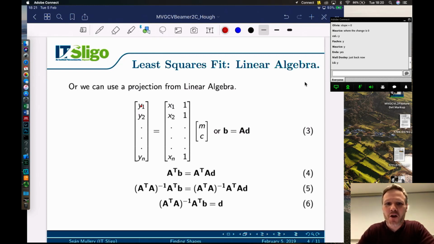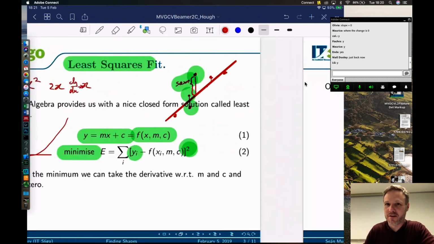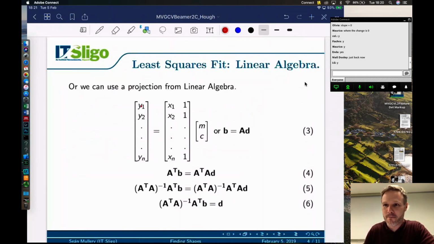Okay, so I think we just got onto this slide here, the least squares fit, linear algebra thing. We'd gone from there to there, yes? Yeah. Okay, so we're going to use a linear algebra mechanism called the least squares fit.